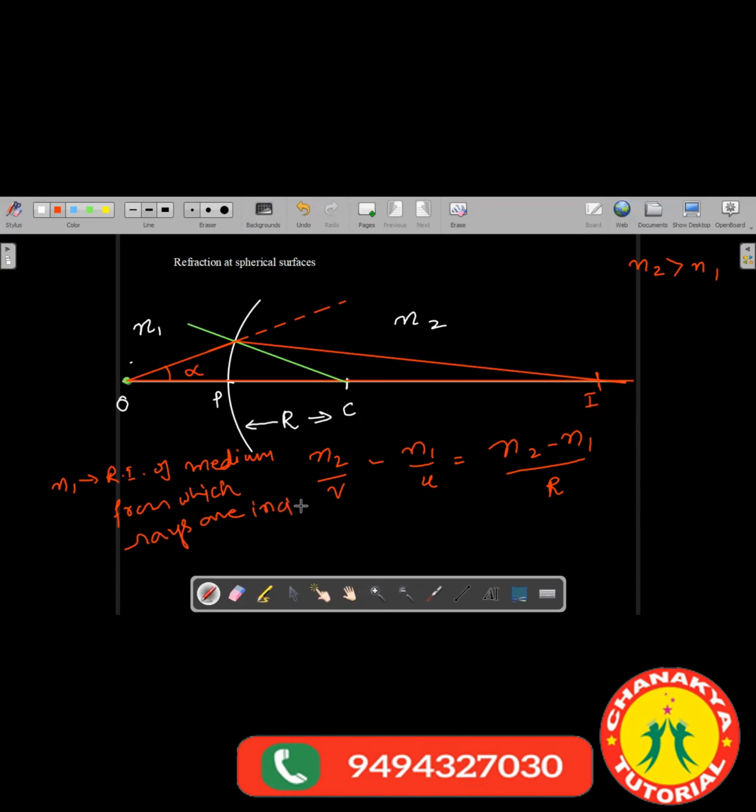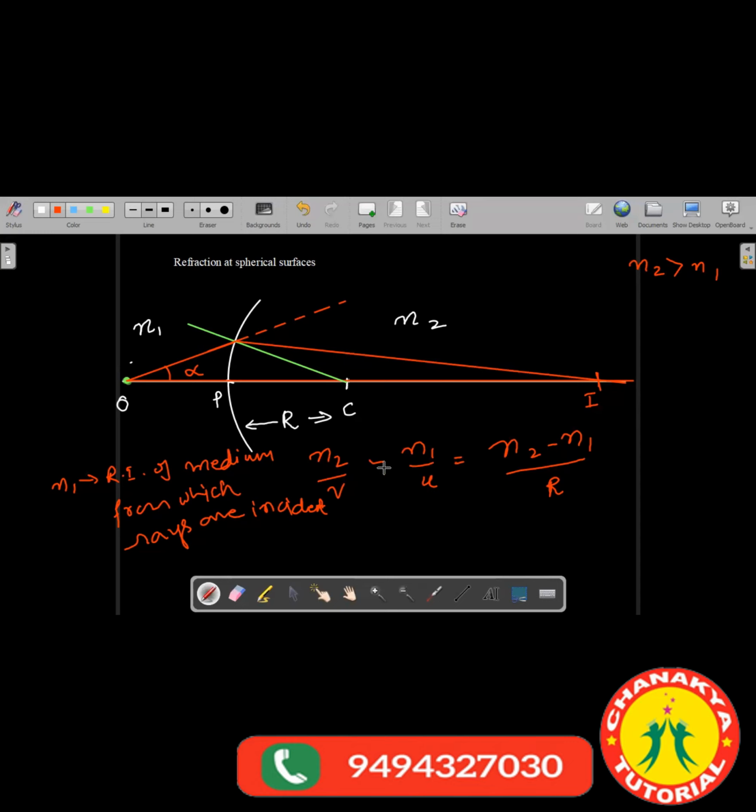So from wherever the rays are incident, that medium will be taken as N1. So if suppose everything is the same, but the rays of light are moving from N2, you will just exchange the values of N2 and N1 in the formula. Okay. So now you will start considering the other way.